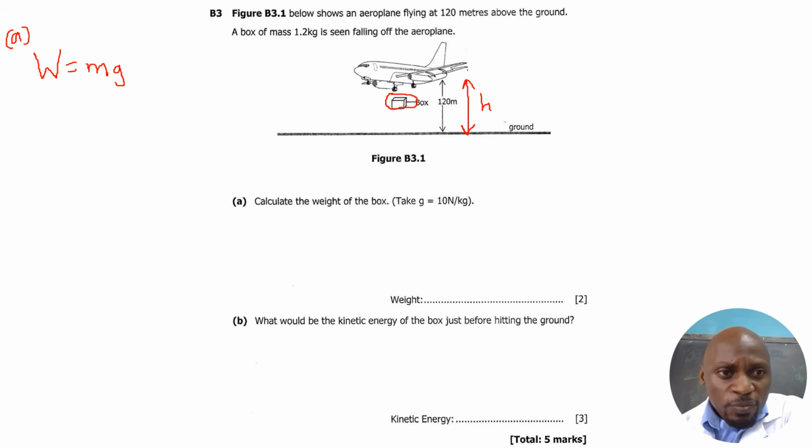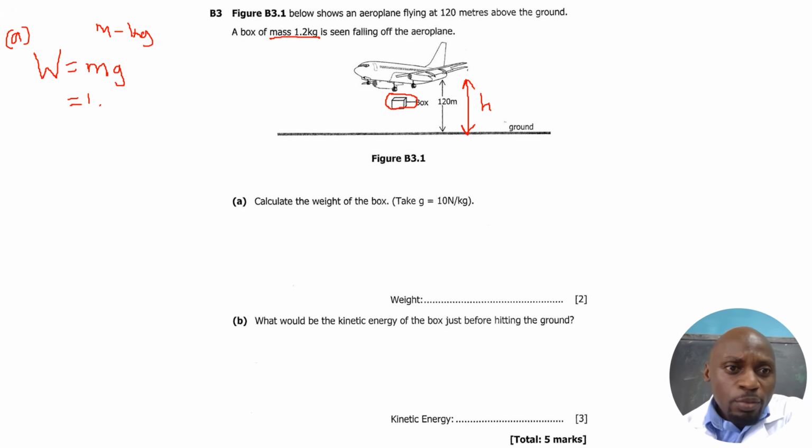And as you calculate the weight of an object, make sure that your mass is always in kg. The mass of the box here is 1.2 kg, so the mass is already in kg.